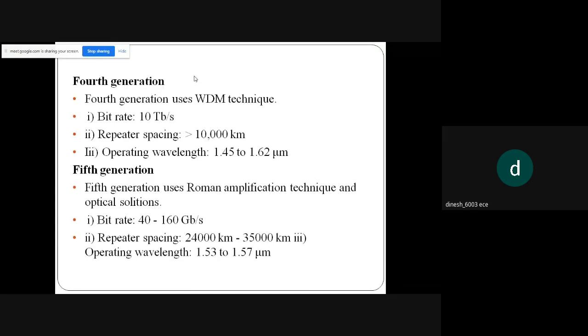Then in the fifth generation, the Raman amplification technique and optical solitons made optical fiber communication reach 40 to 160 gigabits per second of data rate, with repeaters every 25,000 to 35,000 kilometers. The operating wavelength was around 1.53 to 1.57 micrometer.